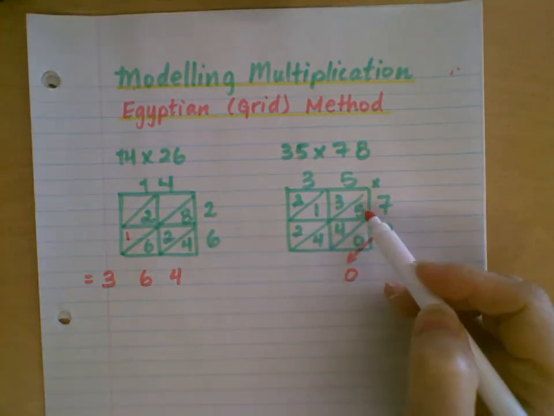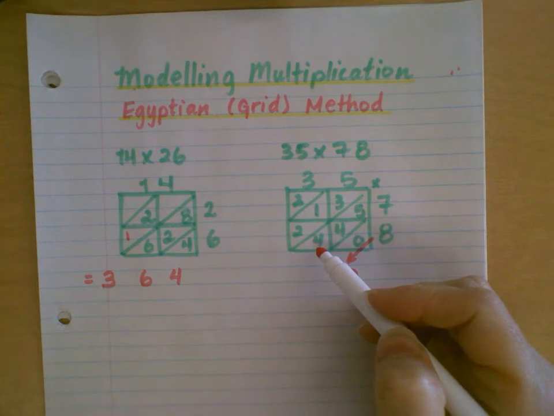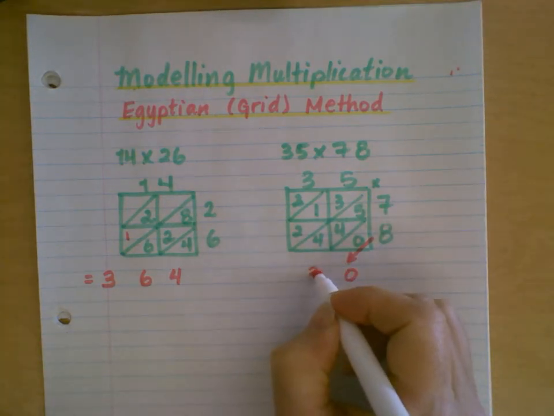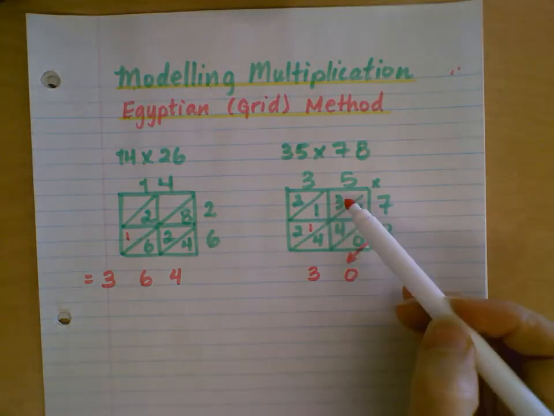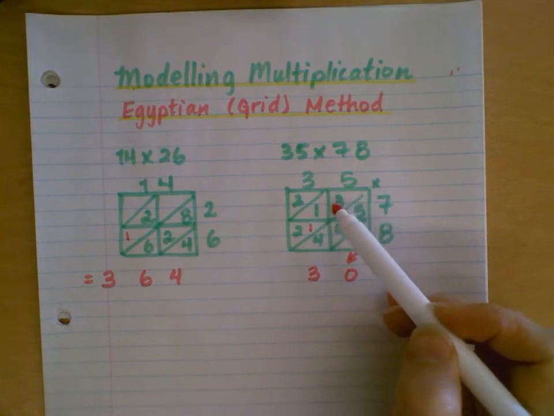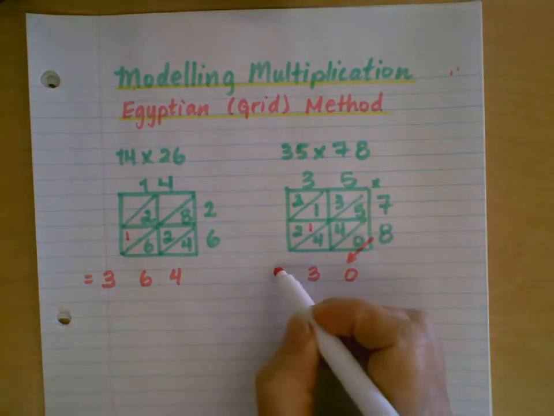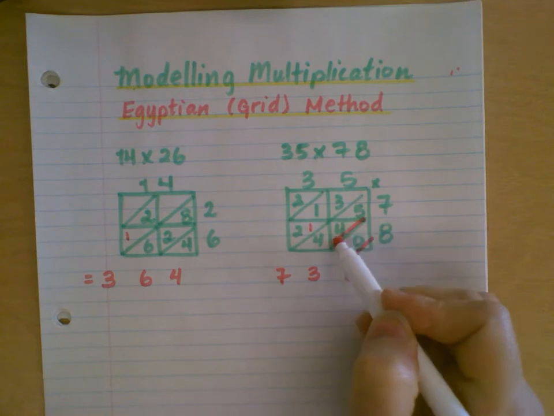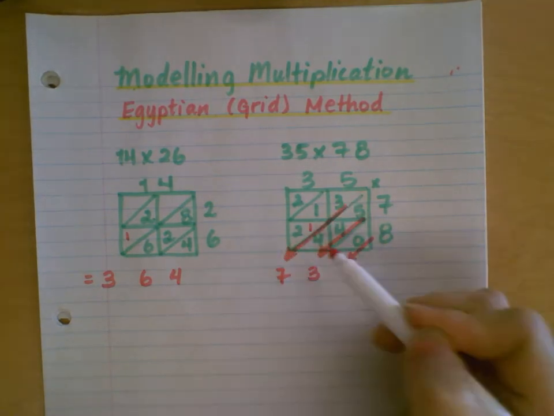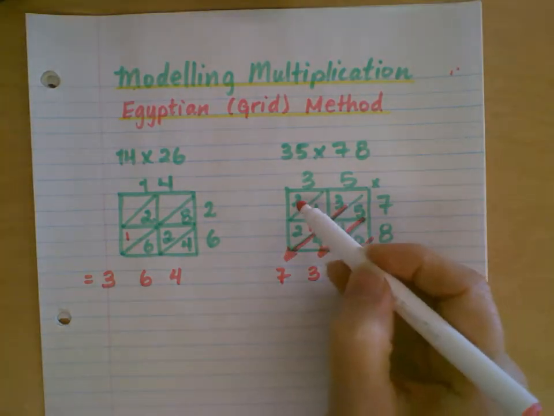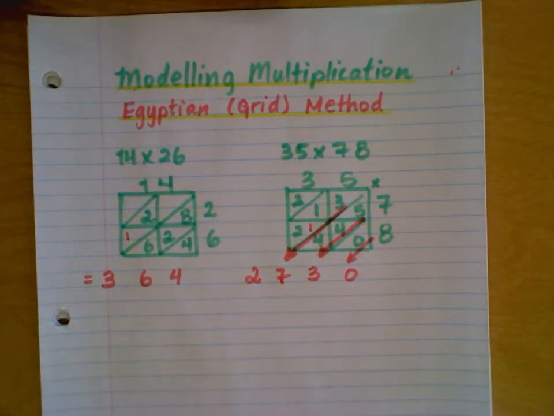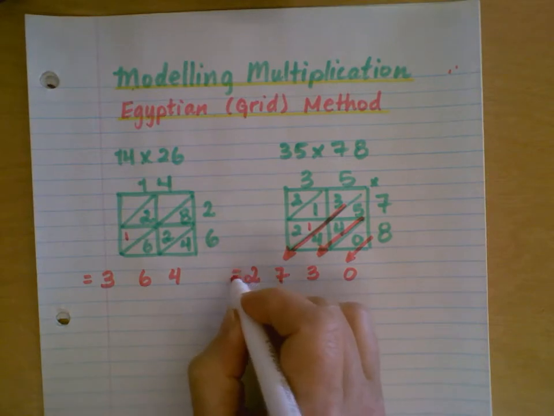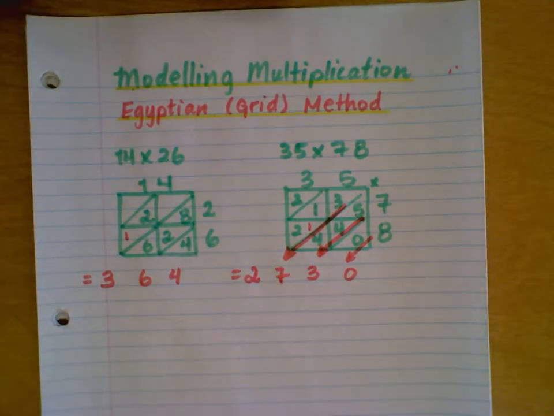In the tens position, I've got 5 plus 4 plus 4. That is 13. So I'm going to put 3 and carry 1 up. In the hundreds position, now I've got 3, 4, 5, 6, 7. So in each case, the numbers come down like this. And then that leaves me with 2. So 2,730 is the answer for that multiplication.